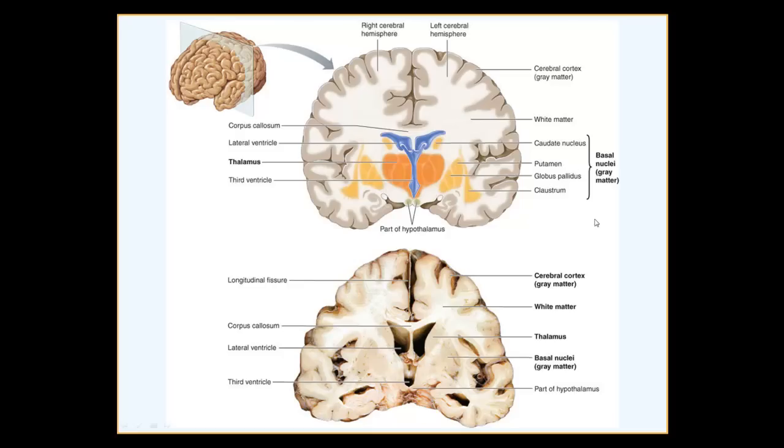So all of them together, we will call those areas of gray matter inside the white matter. We will call these guys the basal ganglia, or the basal nuclei, because they're very close to the base of the brain. That's why we call them the basal ganglia or the basal nuclei.